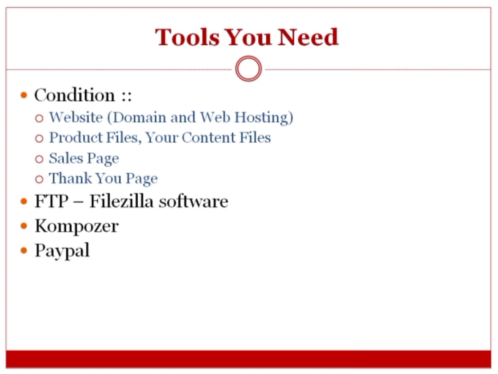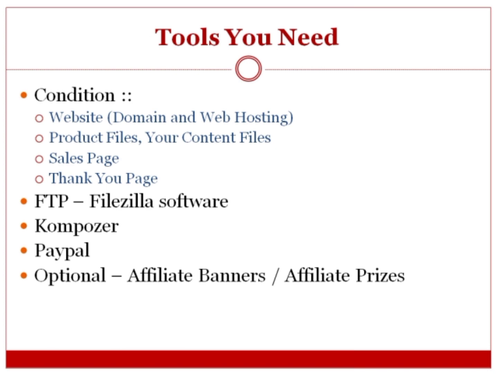And then of course, you're going to need PayPal. In order to use JVZoo, you must have PayPal. If you don't have PayPal, then you cannot use JVZoo because JVZoo pays through PayPal. And you do need a PayPal business account. And also optional, you would like to have affiliate banners and affiliate prizes for your affiliate program and affiliate contests.